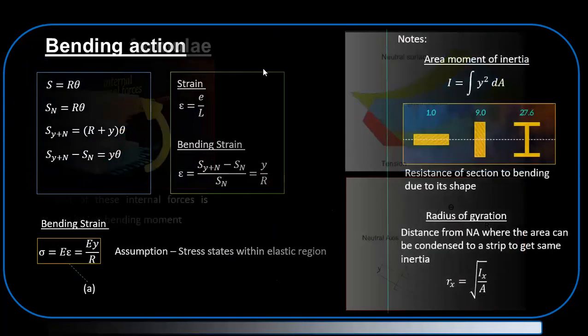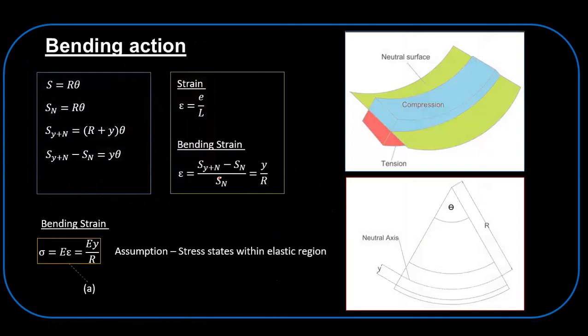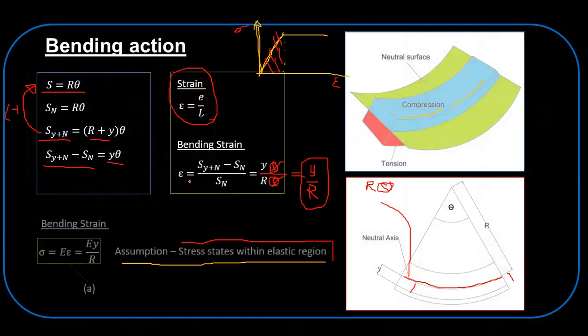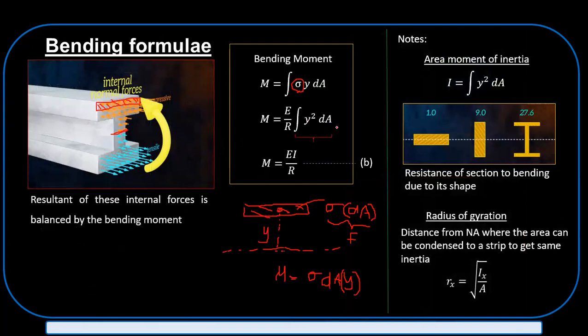Here as well, y is there originally from the lever arm, and when you substitute that, you can take E over R out, so you will be left with y squared dA.